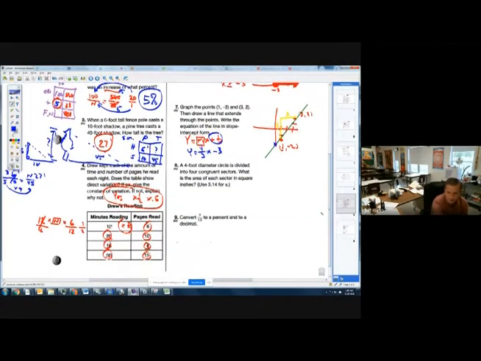Number 8, a 4-foot diameter circle. Let's do this. Here's my circle. It is a 4-foot diameter. It's divided into 4 congruent sectors, which simply means I cut it into these pieces. I just want the area of 1 sector in square inches.